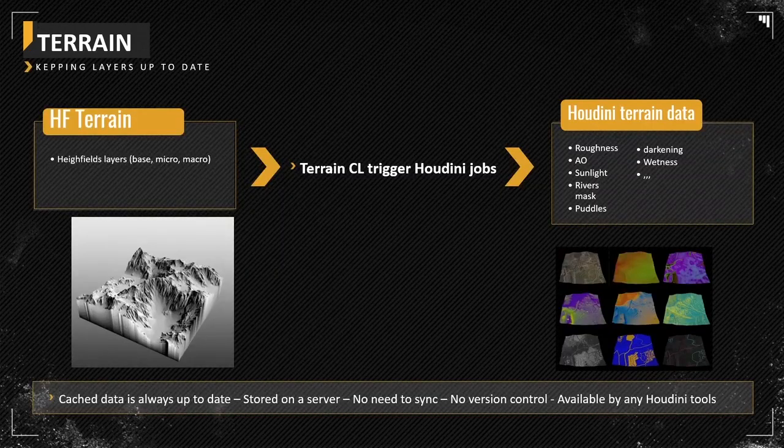So the solution we have is, every time someone modifies the height map of the terrain, and through the normal pipeline of submitting a modification to Perforce, we have a process which catches the changelist and triggers some Houdini jobs to recompute all of that. So every time we push a height map, we are sure that 5 minutes after, more or less, the build farm will have regenerated the average position of the sun, terraforming if needed, the flow map, and everything we are gonna need for other processes.